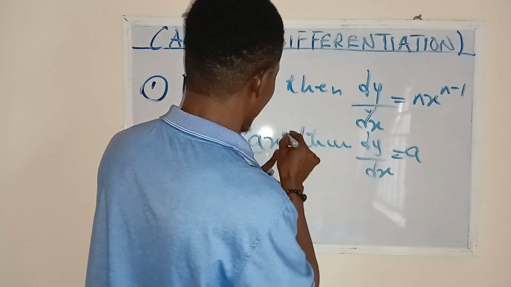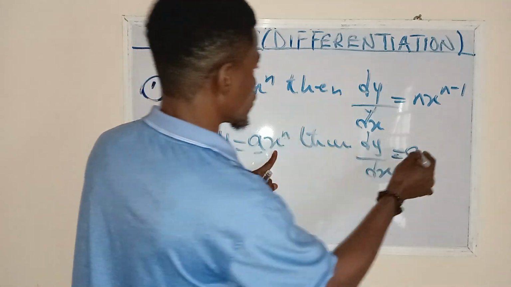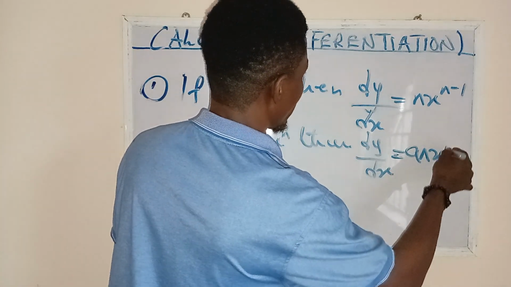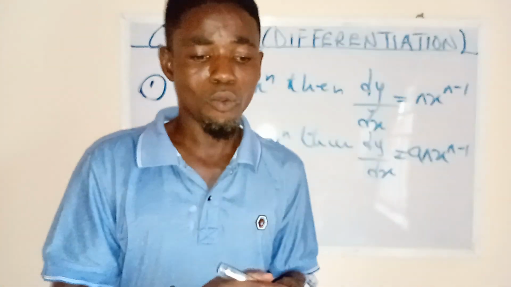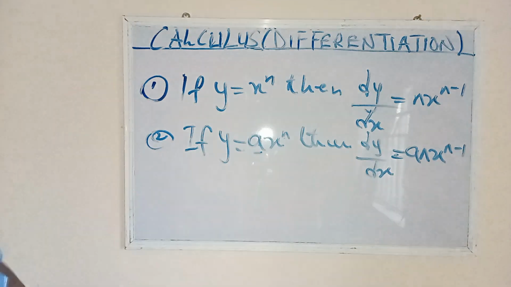Bring this power down, and under differentiation, you reduce the power by 1. Another one: if y equals a x^n, where a is a constant, then dy/dx equals a times n x^(n-1). So these are the rules for differentiation.